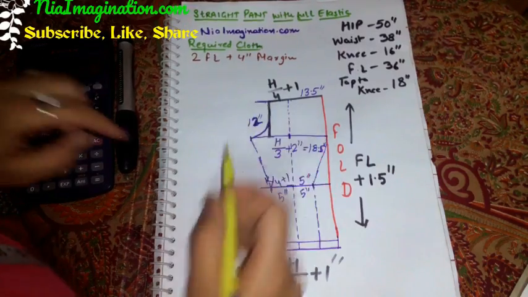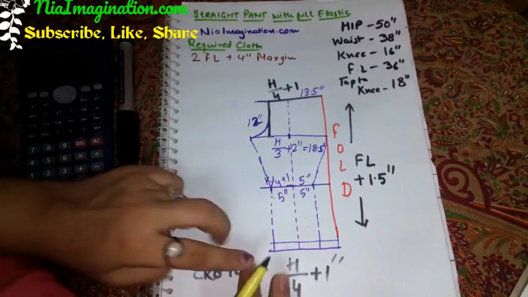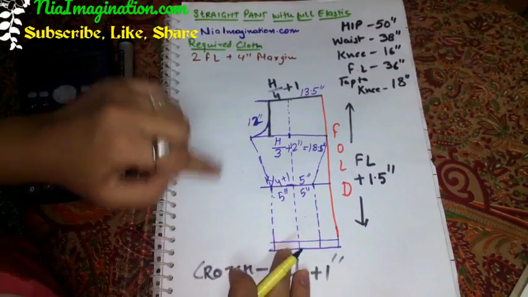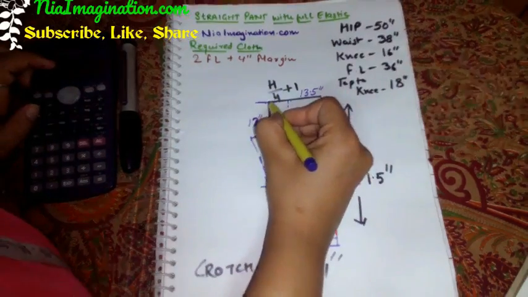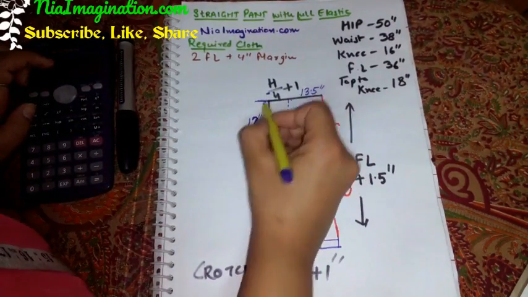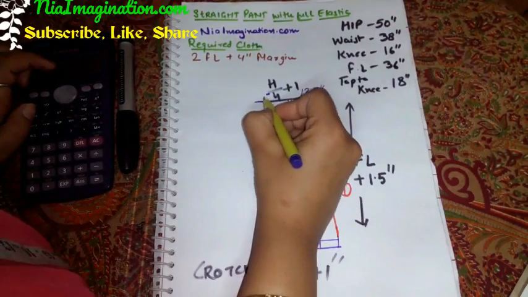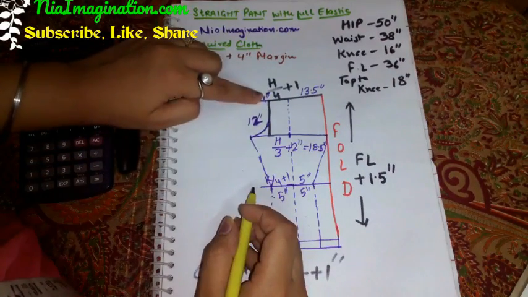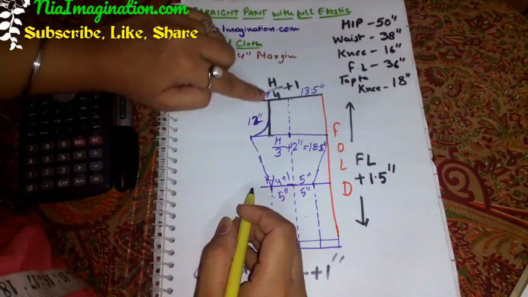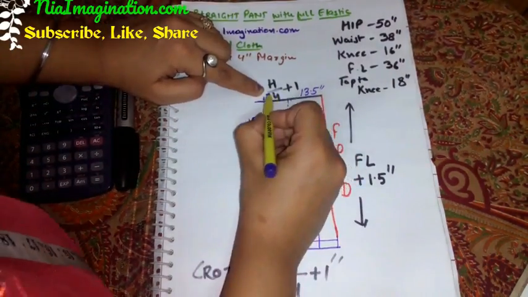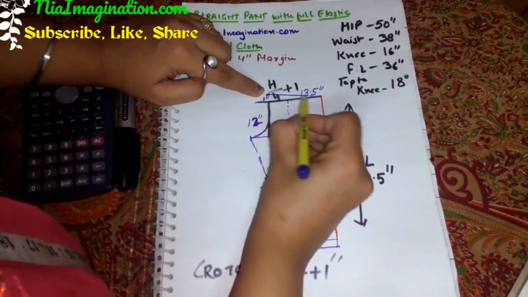Now from here I require the measurement for the back panel. For the back panel, measurements are different. From the top you are going to take 1 inch above, because on the hip line you require somewhat more. So from the top you take 1 inch and mark it slant like this.